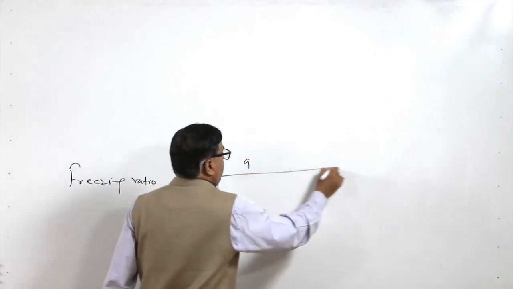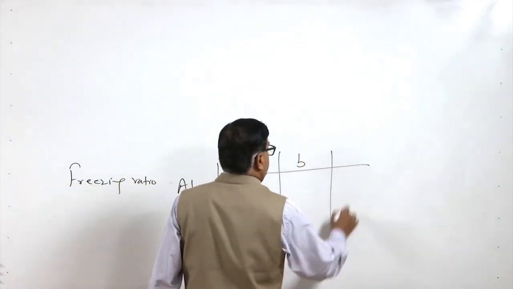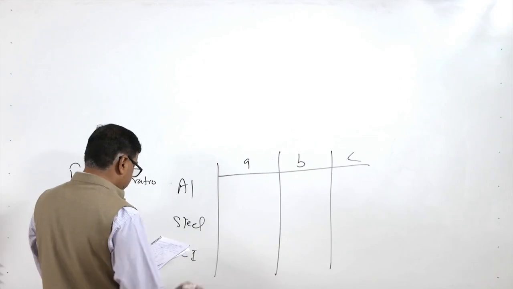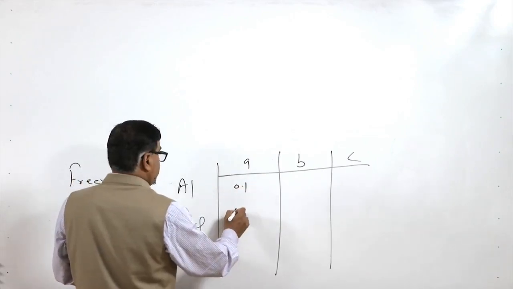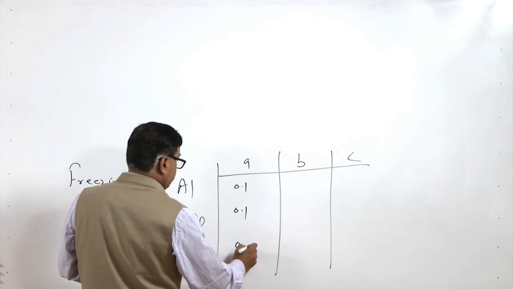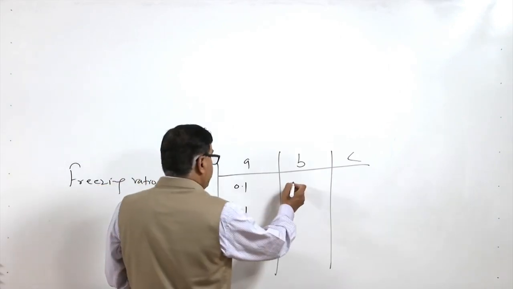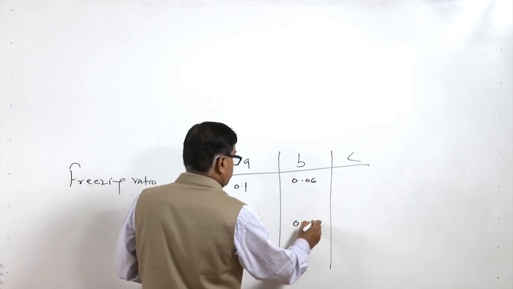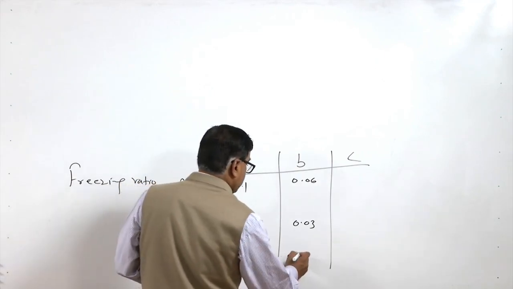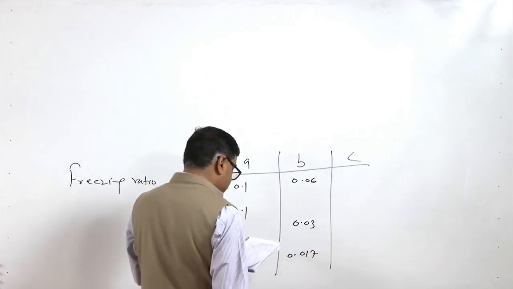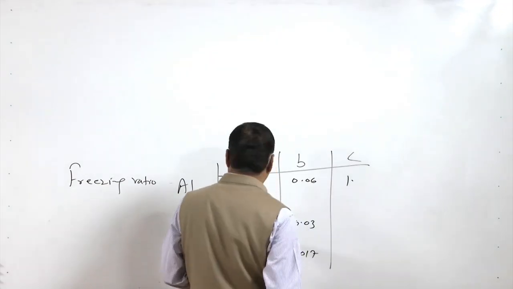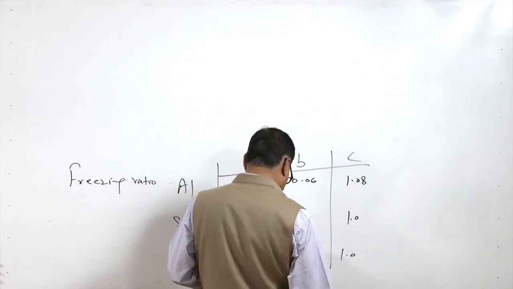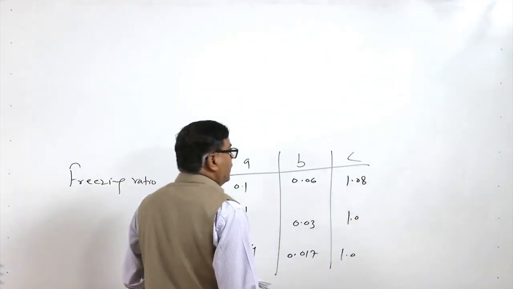The values of A are 0.1 for aluminum, 0.1 for steel and 0.04 for cast iron, and B for aluminum is 0.06, 0.03 for steel and 0.017 for cast iron. Similarly, C for aluminum is 1.08, 1 for steel and 1 for cast iron.